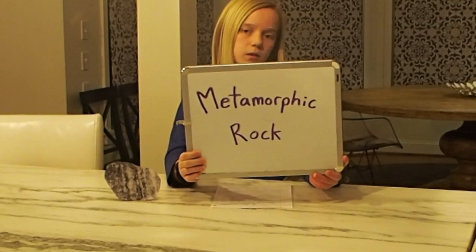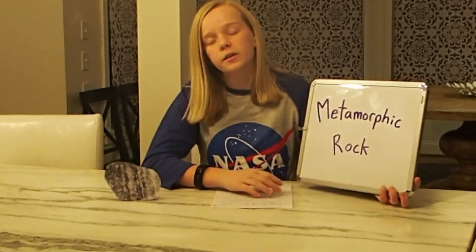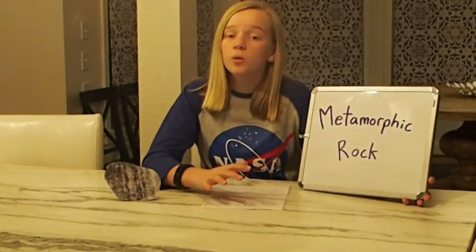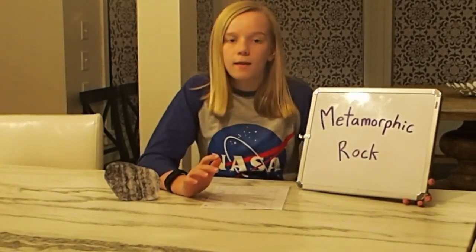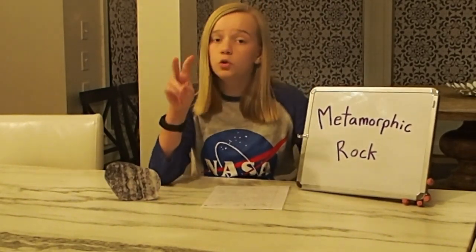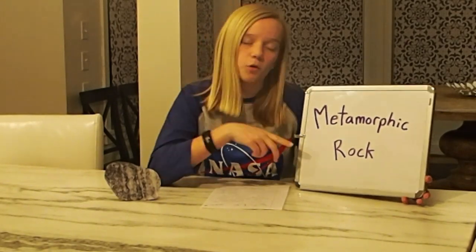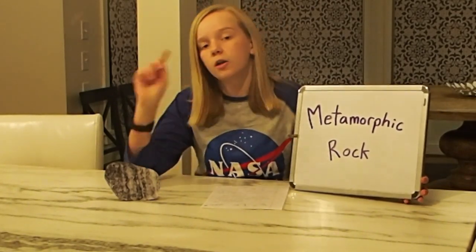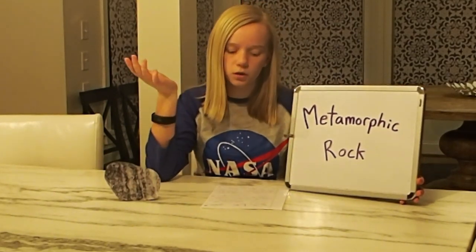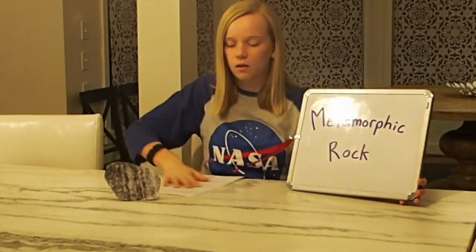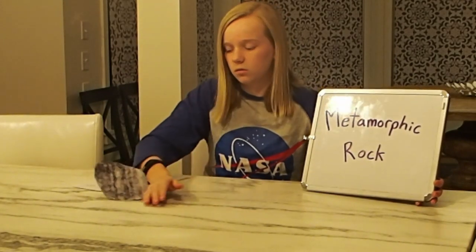The next thing I'll be talking about is metamorphic rock. Metamorphic rock is created when heat and pressure are applied to sedimentary rocks. There are two different types of metamorphic rocks: non-foliated and foliated. An example of a non-foliated rock is this table.